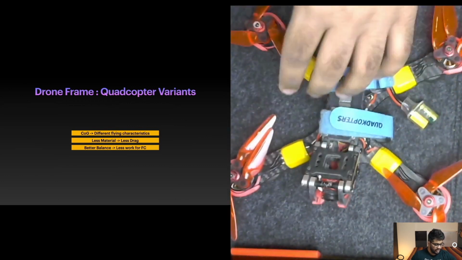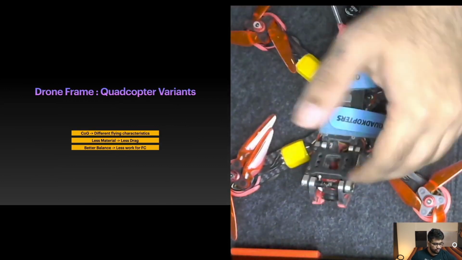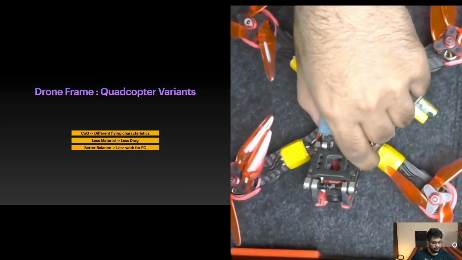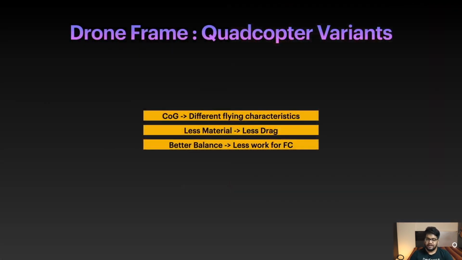What your flight controller has to do is always instruct this motor to spin at a relatively higher RPM than these two motors, so that the drone can stay balanced. So your flight controller has to do more work, one set of motors needs to do more work, and that is a lot of computation. Overall you will get very inadequate performance from your drone. That is also an intuitive, unsaid thing that goes into choosing a drone frame. So better balance, better center of gravity, less material, all of that accounts for a good quadcopter frame.